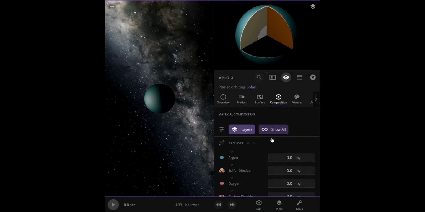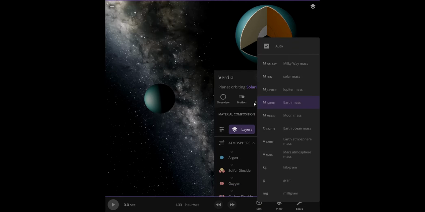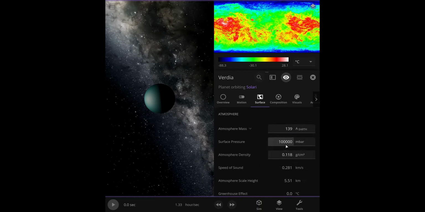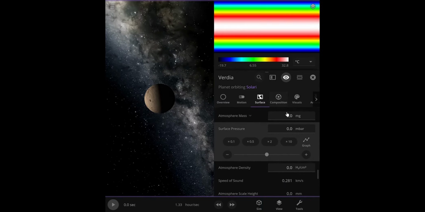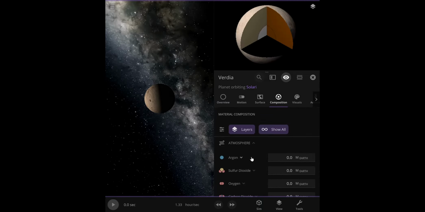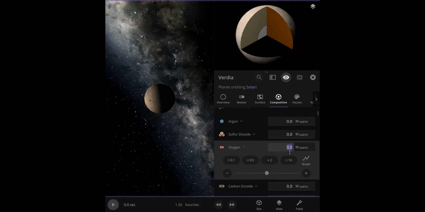Show all layers. You know what I should have done? Hold up. This is how I usually do it. So we're going to get rid of the atmosphere. Go back over here. And so what this says is that planet B has a dense atmosphere and it is composed of 28% oxygen. It's Earth mass.